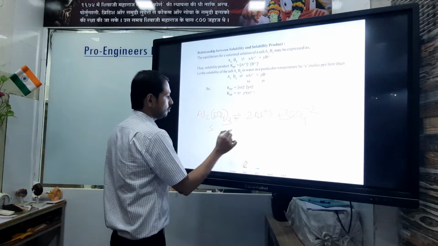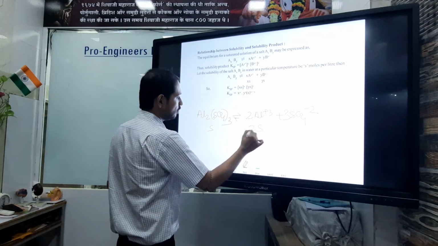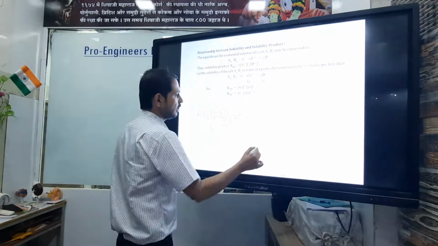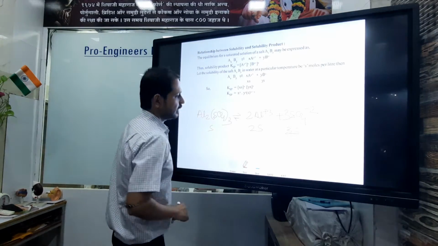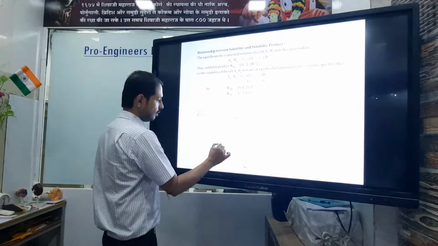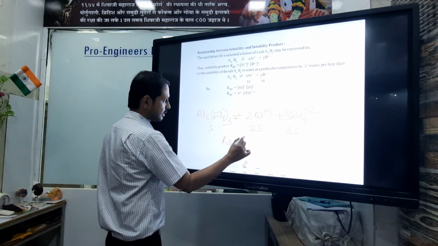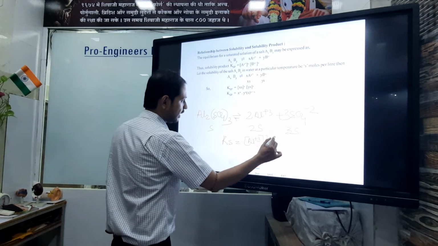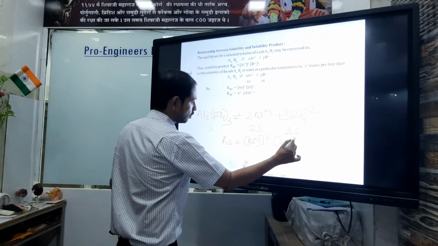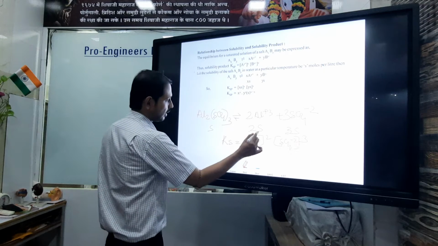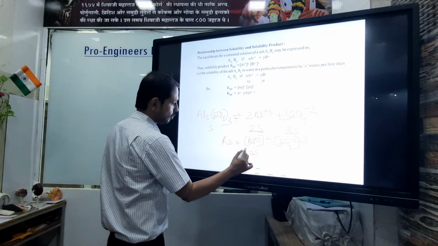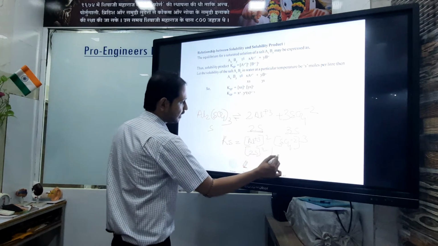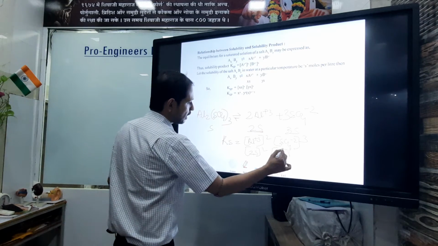Now S moles we have dissolved, so 2S moles will give Al3+ and 3S moles will give sulfate. If we write KSP, what is the KSP? Al3+ raised to 2 and sulfate 2 minus raised to 3. Here we have 2S, so we write 2S raised to 2 and 3S raised to 3.